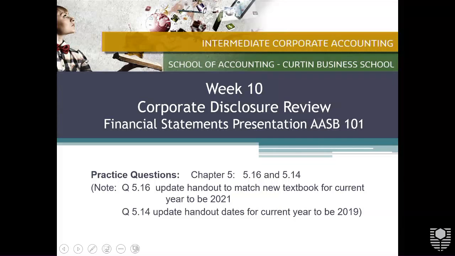So that's that one. And then the next one with the additional handout, this is actually 5.14 out of the textbook. Just change that June 2016 to June 2019. Item B, change that 1st of July 2015 to 1st of July 2018.